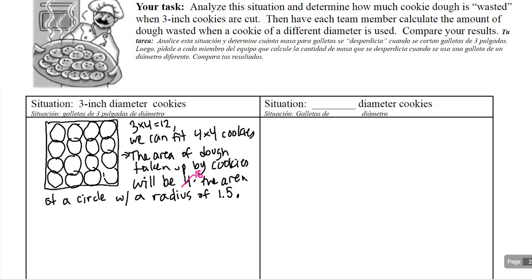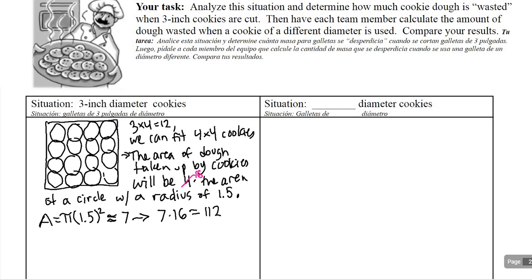Equals pi times 1.5 squared. And that is approximately 112.